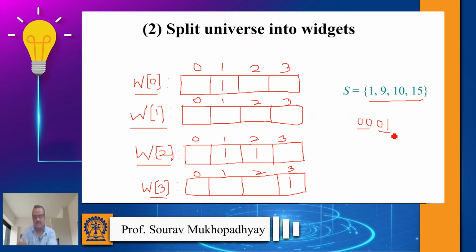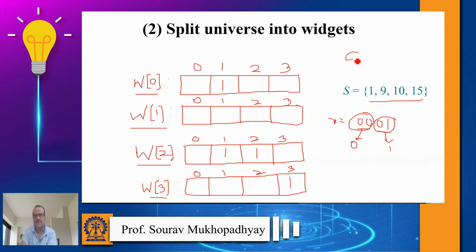This high part represents which subarray, and the low part represents the position in that subarray. So for x equal to 1, high of x is 0 and low of x is 1. So we go to W0 and go to position 1, starting from 0, and we put a 1 there.